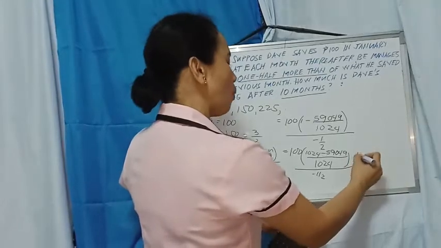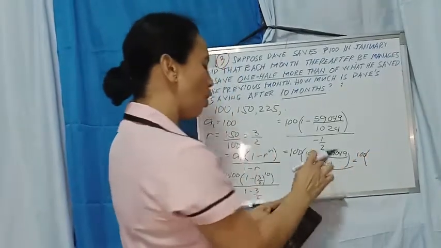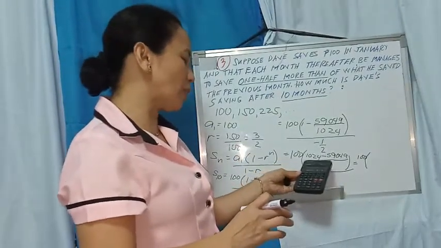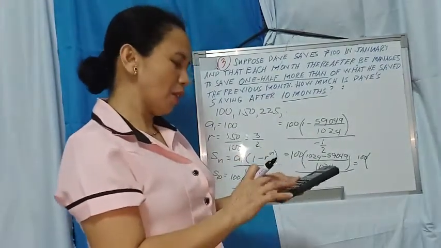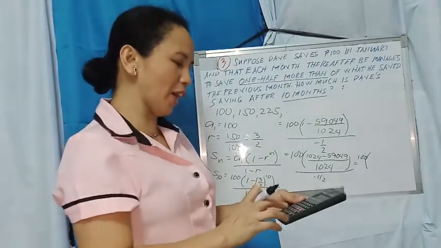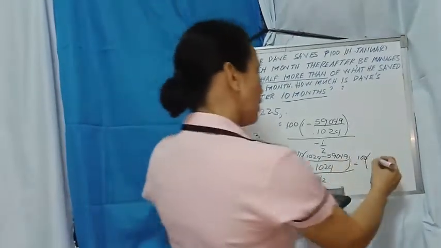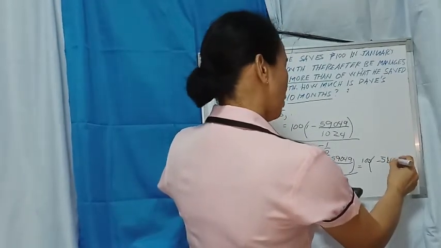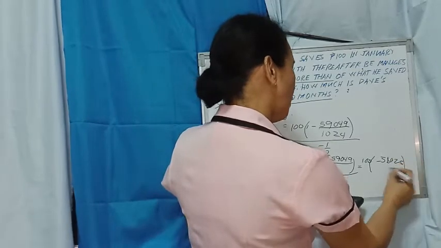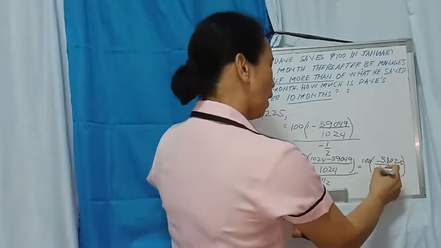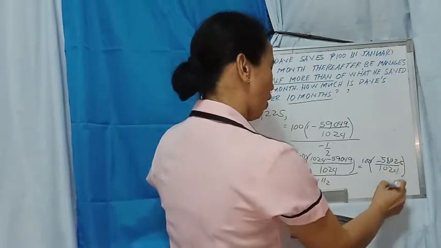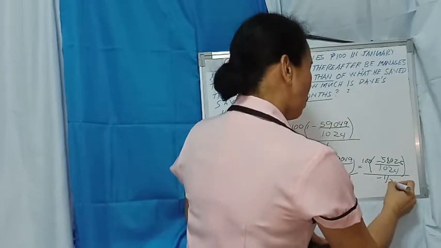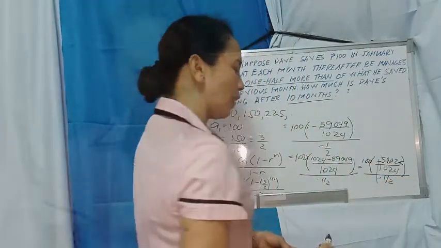And then that is 100. So, 1,024 minus 59,049, it gives us negative 58,025 all over 1,024. And then again, all over negative 1/2. Then cancel negative.